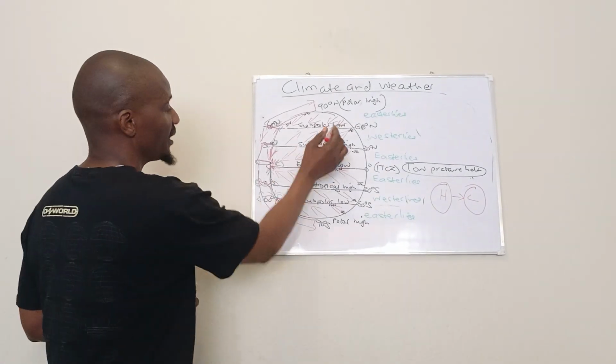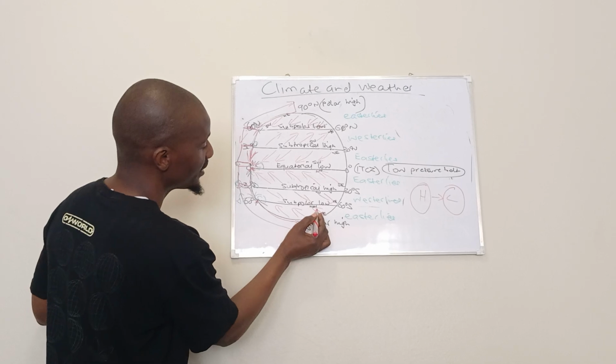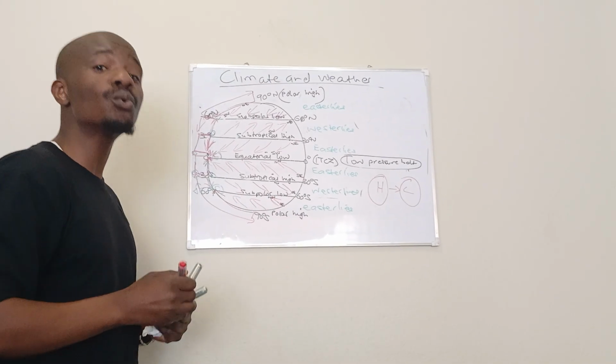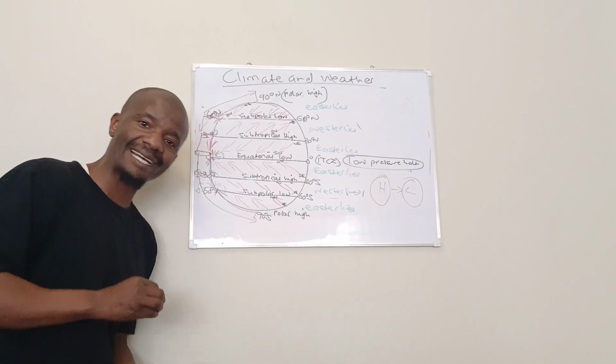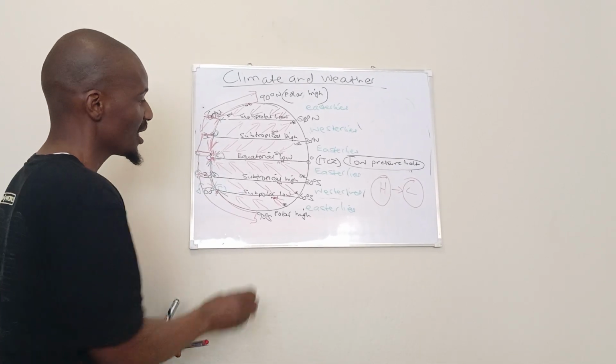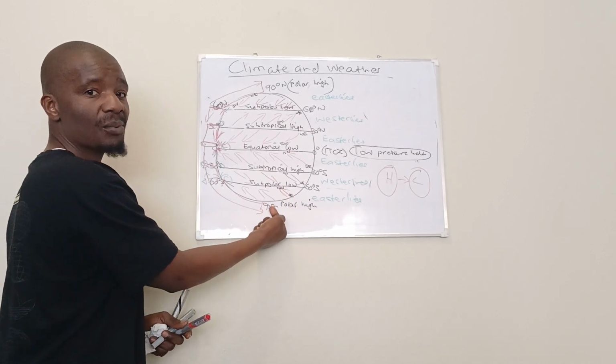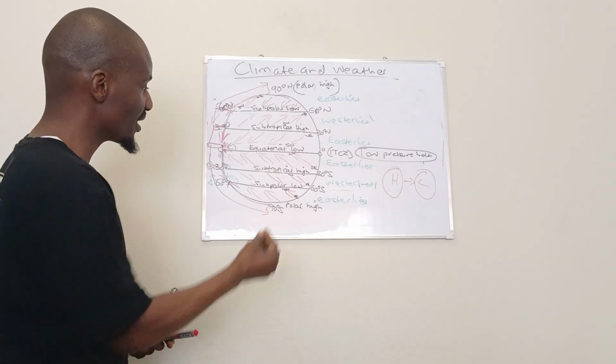Hence, they do not meet when they blow towards the subpolar low. Why? Because they have different characteristics in terms of their air masses. The one coming from the subtropical is a little bit warmer. This one coming from the polar is a little bit cold. Hence, they cannot meet.